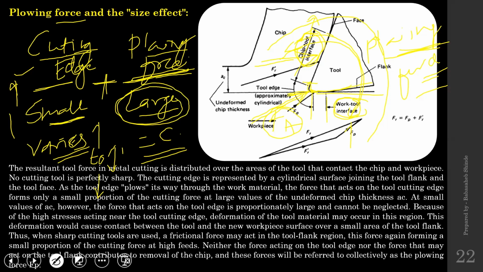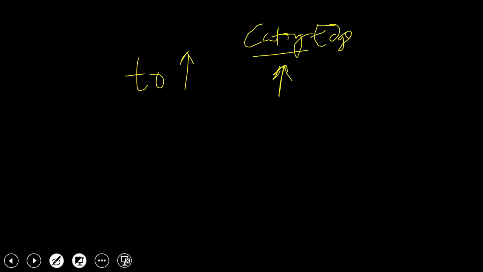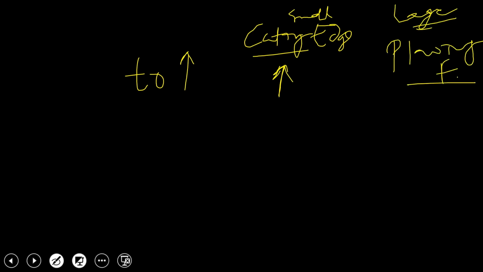So now what we are going to do is correlate a relationship between this t0, that is the depth of cut, and the total forces acting on the cutting tool. So what will happen if I increase the depth of cut? The cutting force, or forces acting on the cutting edge, is going to increase by a small amount, because it is itself a small proportion of total forces, and second is the plowing force, and that holds a large proportion.